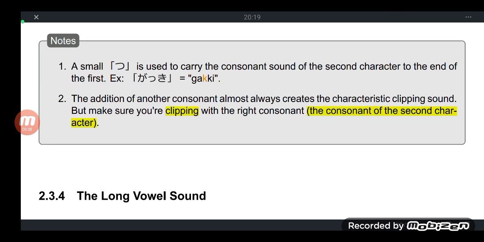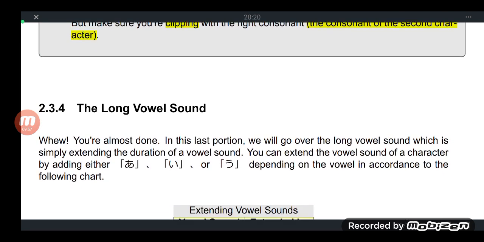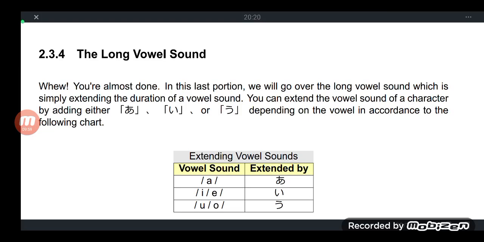As I have said, the clipping sound you have seen here in the note is actually a stress sound on the consonant. You put a stress on the consonant part of the right side character, the right part of the small chu. And now I will introduce you to another topic.